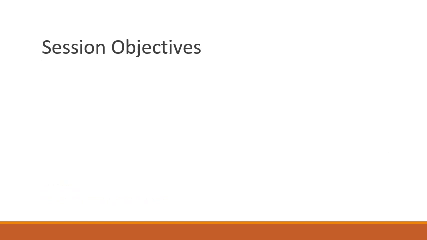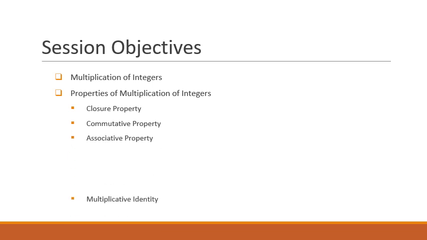So in this session, we are going to learn how to multiply integers, then the properties of multiplication of integers such as closure property, commutative property, associative property, multiplicative identity, and the distributive property of multiplication.